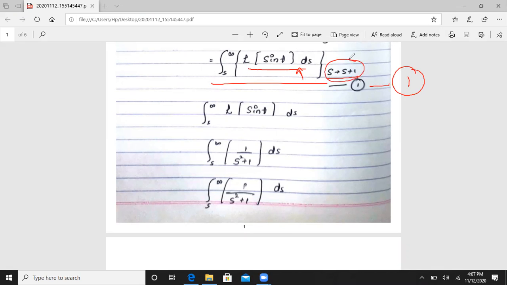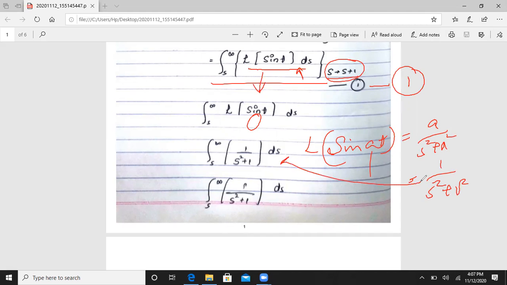Let's start with this function, the Laplace transformation of sin t, and you already know the Laplace transformation of sin at is equal to a divided by s square plus a square. Here the value of a is 1, that is 1 divided by s square plus 1 square.